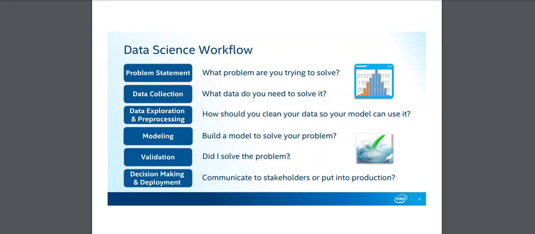Is it reliable? Or am I overfitting? We'll talk about that a little bit later on. So the validation is, I go check to see, did it work? Is it doing what it's supposed to be doing? And then I communicate with the stakeholders, or I implement whatever this model may be, or the solution may be.